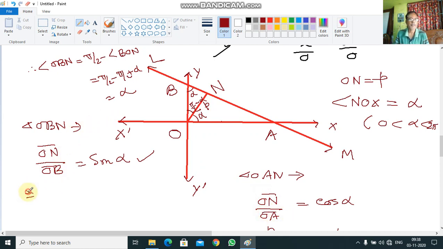That implies p by OB is equal to sin alpha. That implies OB is equal to p by sin alpha.